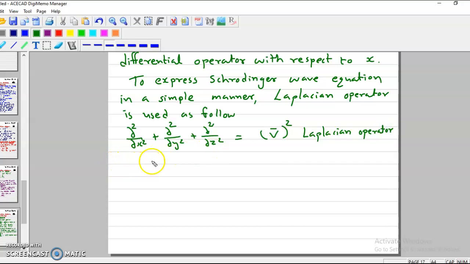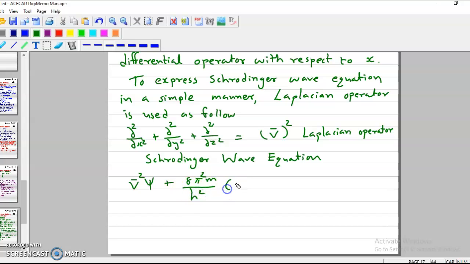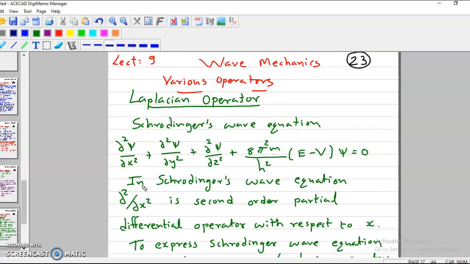Therefore, Schrodinger wave equation becomes very simple, and now we write nabla square psi plus 8 pi square m upon h square (E minus capital V) psi is equal to 0. So this is also one of the modified form of Schrodinger's wave equation.